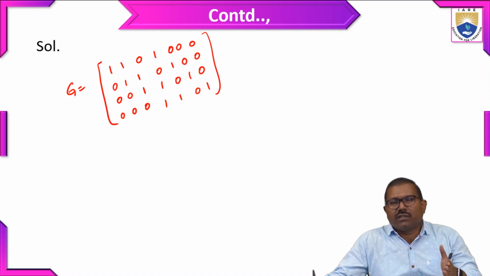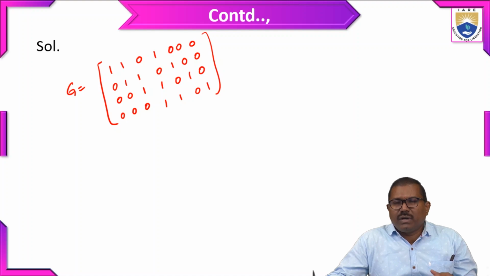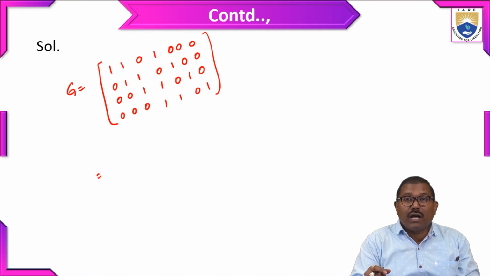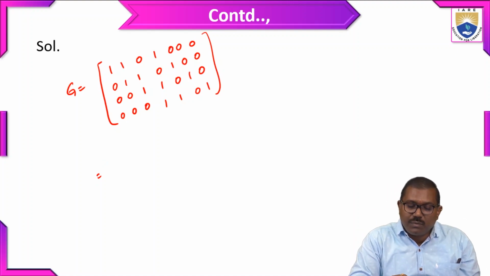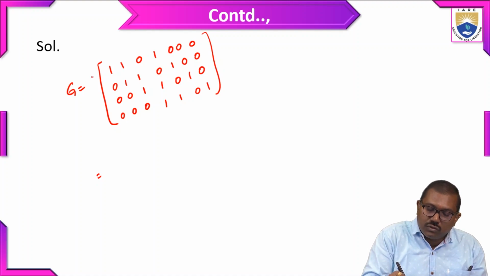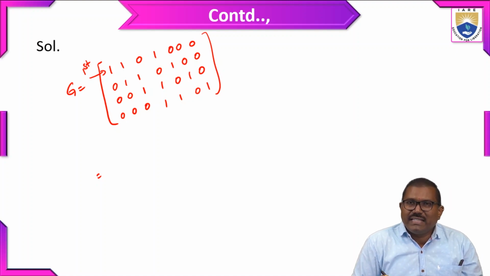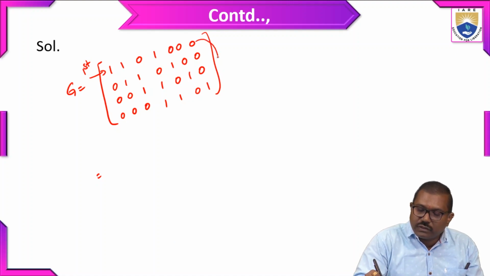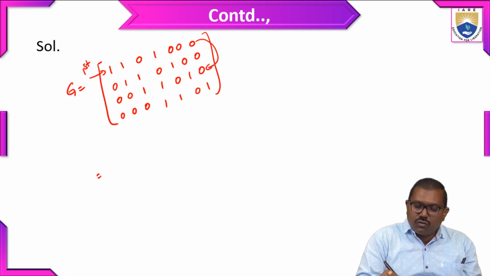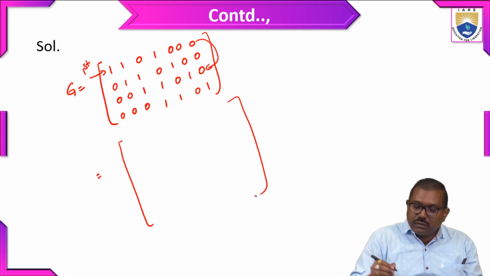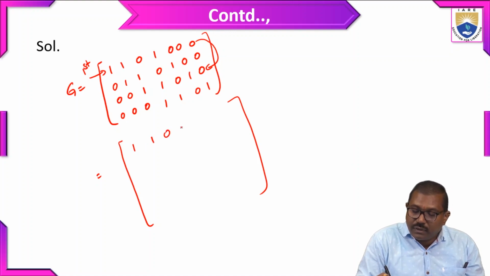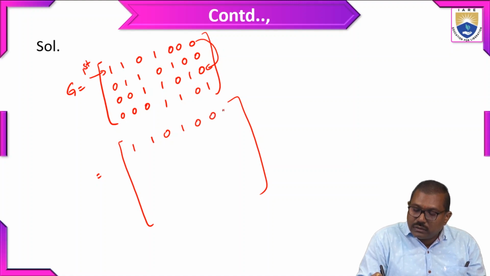I am going to convert this non-systematic into systematic by giving the 2 steps. What is the first step? Adding the first row to the third row. So this one is the first row. I am going to add this whole first row to the third row. So first I am writing the first row: 1, 1, 0, 1, and these 3 zeros.